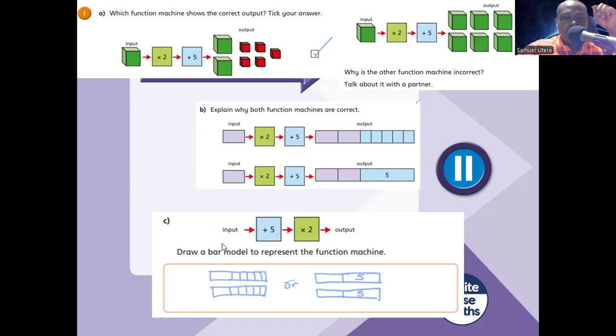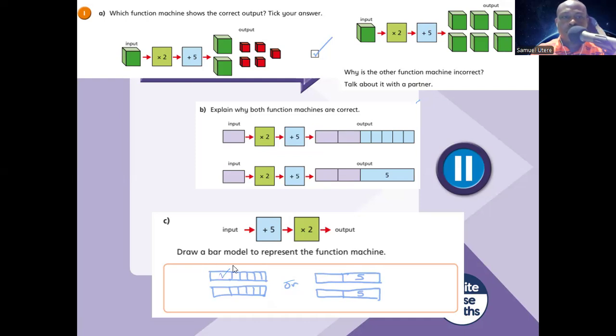And then C, you're told to draw a bar model to represent the function machine. We can do it in different ways, just like this one was done in different ways. So here we have an input. The input can be this one here. So let me use my pen. The input can be this. All right, let's use a different color.